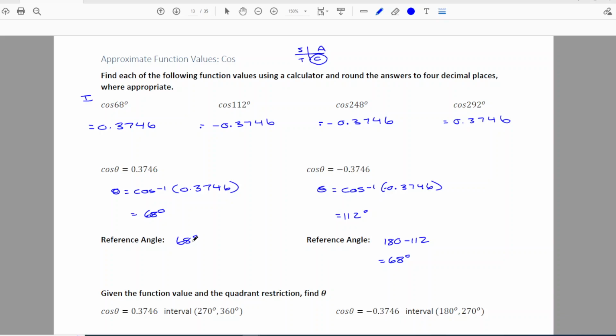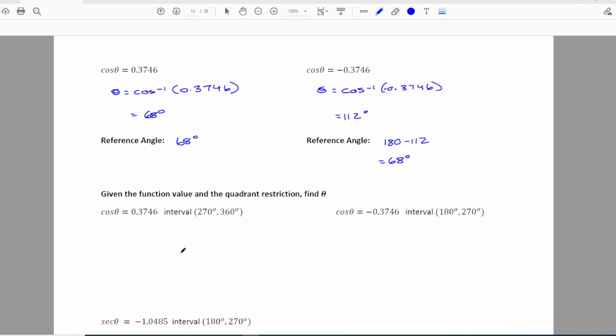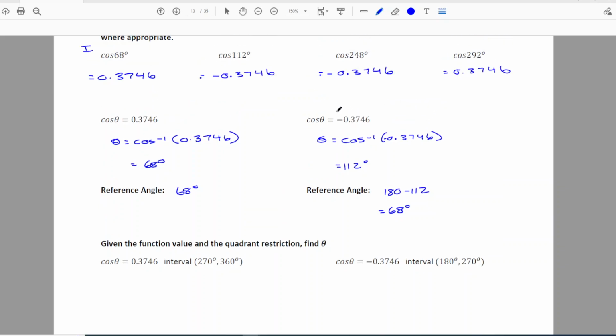If not, please come and ask me, make an appointment with me, or go talk to your local center. But the key thing is don't get stuck on the fact that the question says find angle theta, so I would do inverse cos of negative 0.3746. You might not always have to put that in.